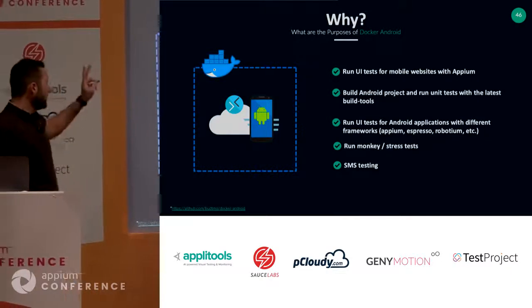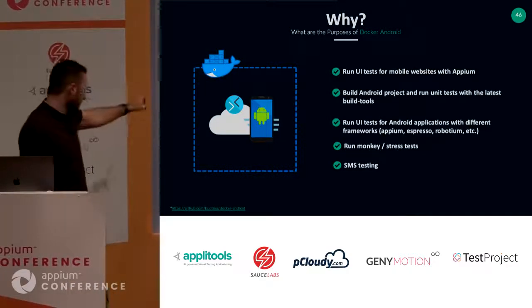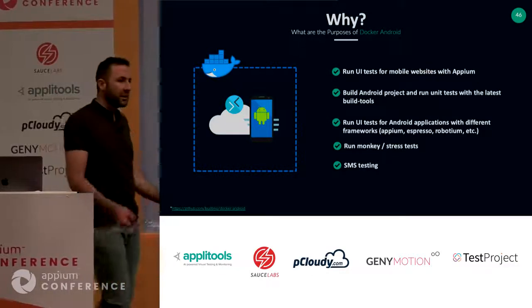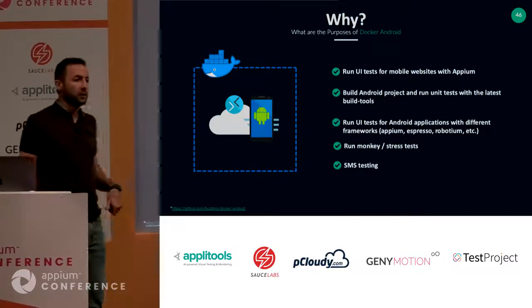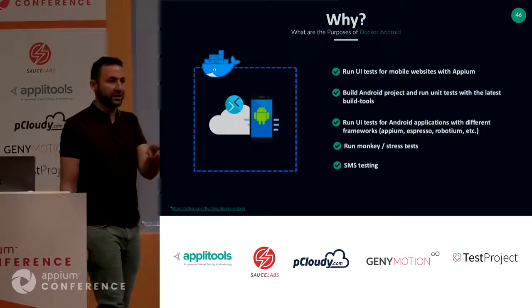This is again an open source project, and there is a link under it. If you want the details and more specific documentation, you just click on the link and you will see all the documentation there. Actually, this is the project that has the integration with Genymotion.